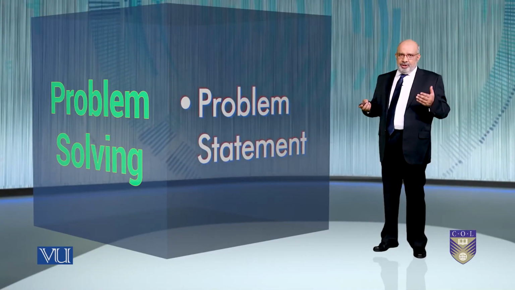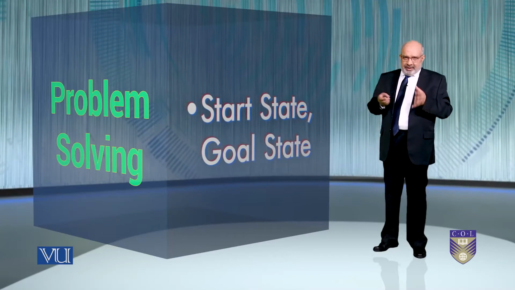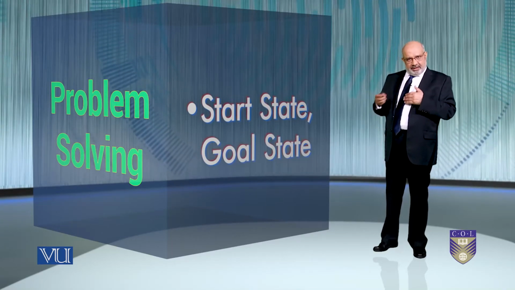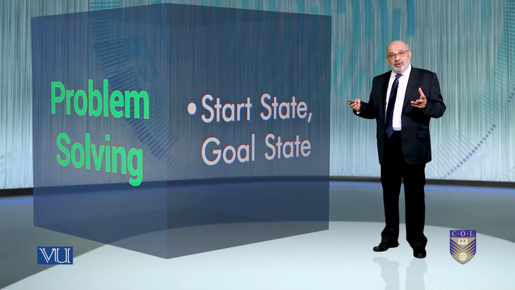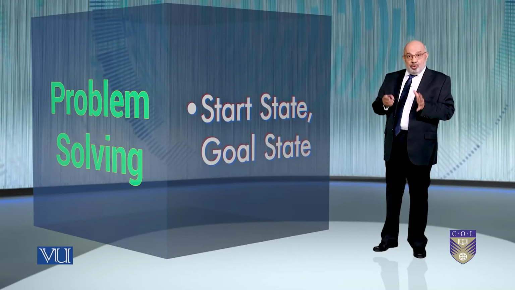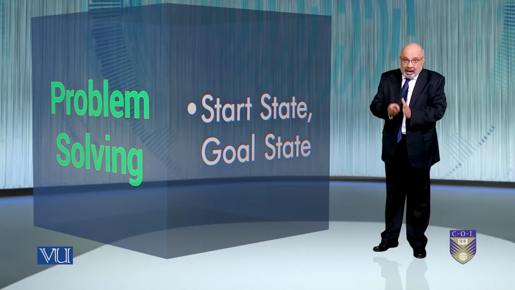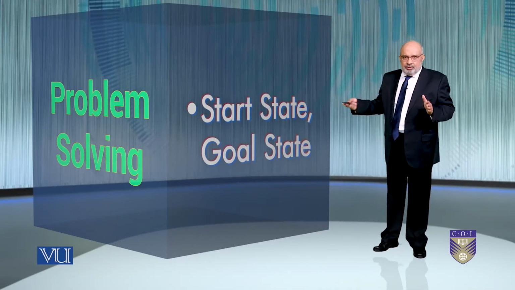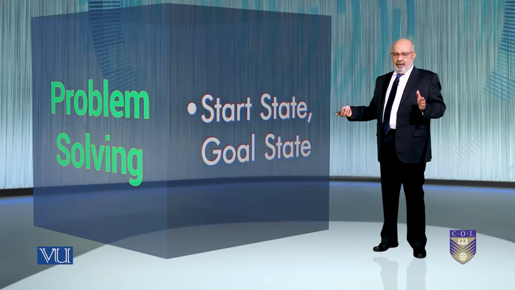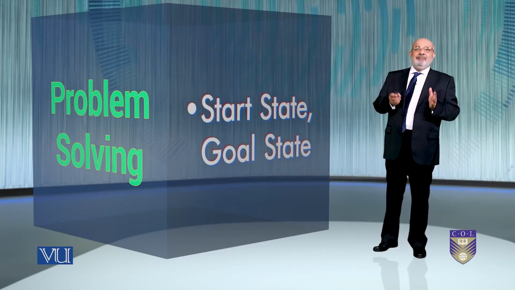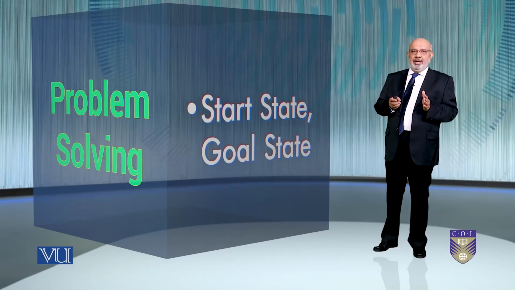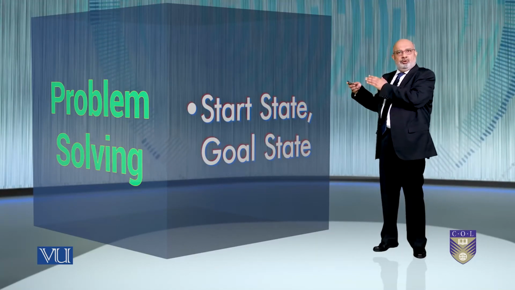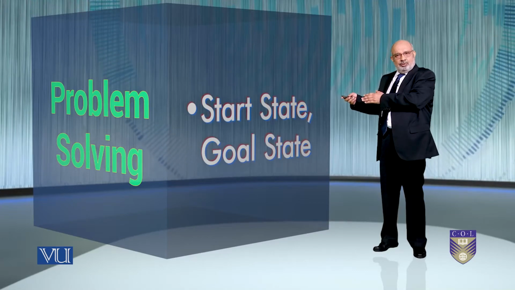Then we also need to know where we are and where we want to go. In search, and you will keep hearing about this, search means you need to move from some place where you are to somewhere you want to get. That means you need to travel. So you need to start somewhere, and you need to end somewhere, which is your goal or solution or something that you want to resolve.